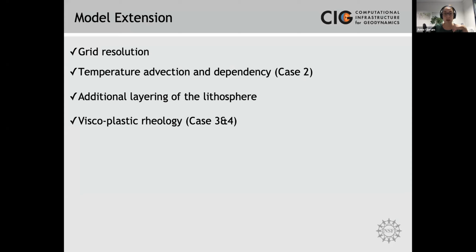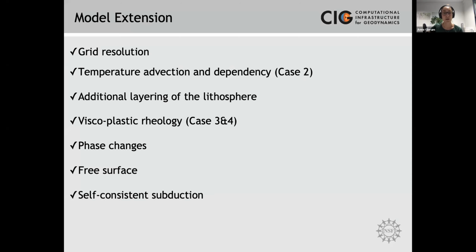You could change the rheology, add phase changes, I don't know, eclogite in the mantle transition zone. You could change to a free surface. You could have self-consistent subduction: instead of prescribing the motions, you could just have it driven by buoyancy differences. And you could, of course, try in 3D.